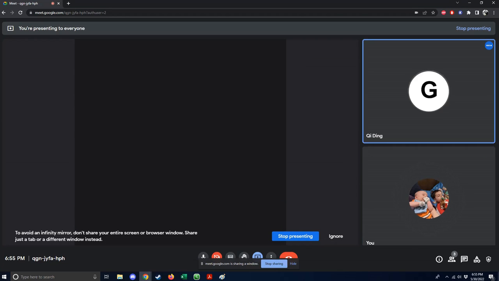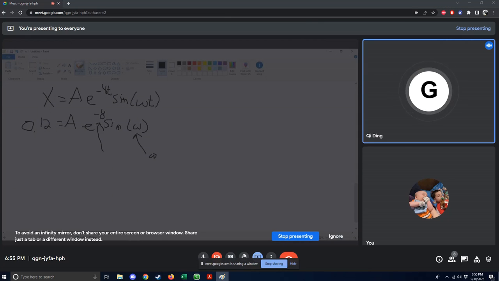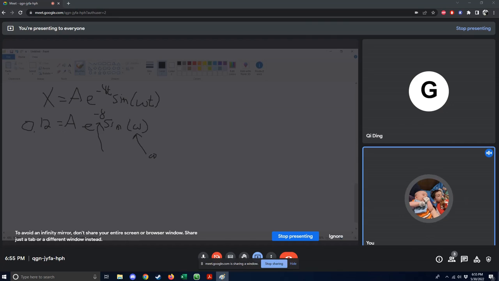Oh, okay. So the amplitude is the same for the first situation and the second situation, where t equals 1 second and x equals 0.12? Yeah, maybe. The A in this equation actually refers to the initial amplitude, the maximum displacement.